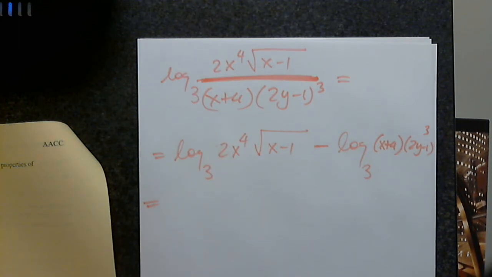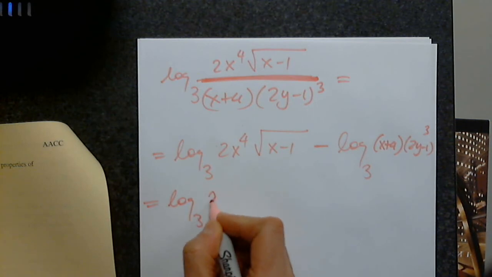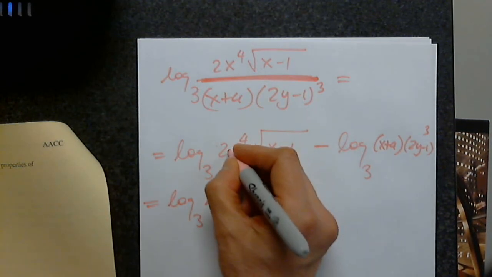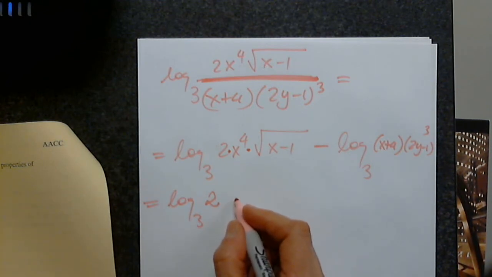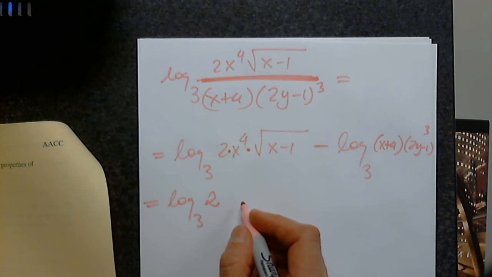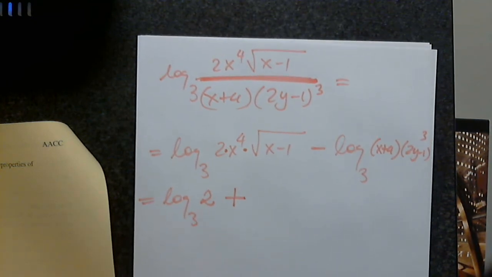Log base 3, 2x to the 4th. So you just move the 4 to the front. 2 multiply by this, multiply by this. Slowly. Okay. Log base 3 of 2 plus 4 log base 3 of, let's do it step by step to show all this.